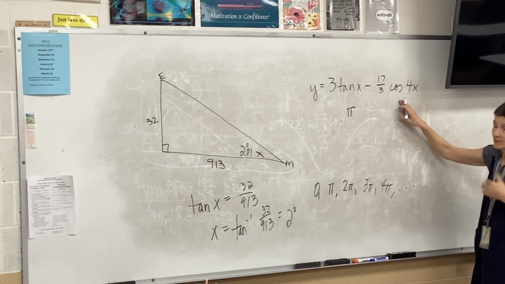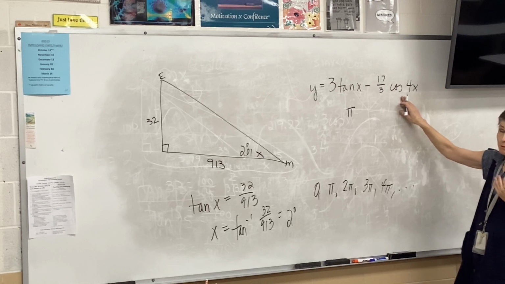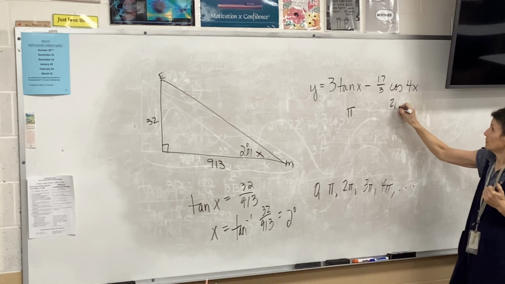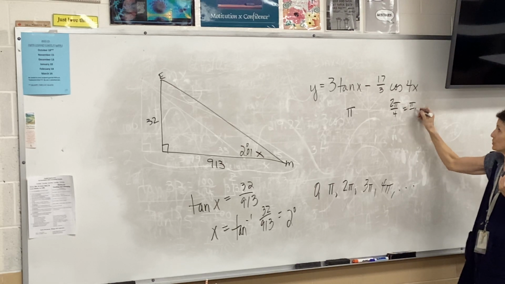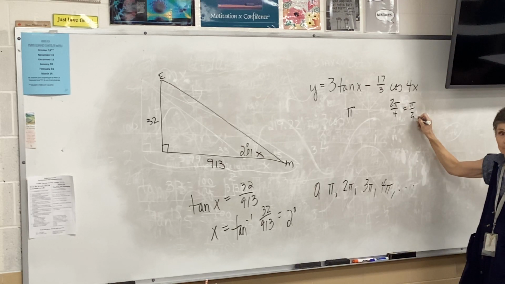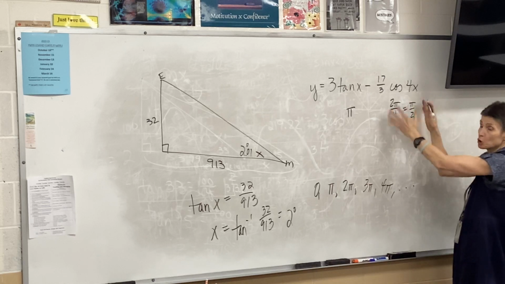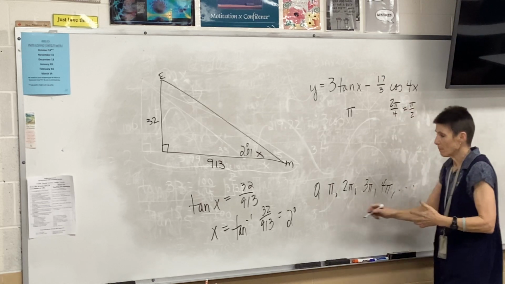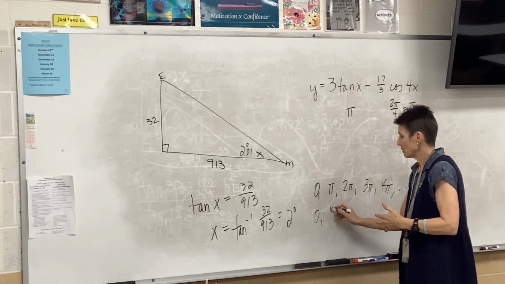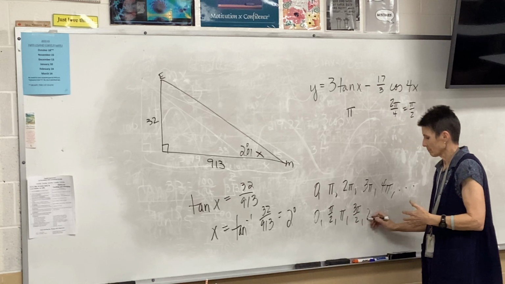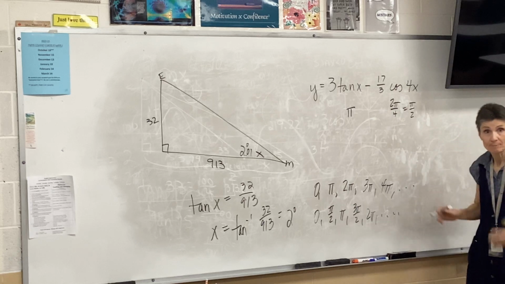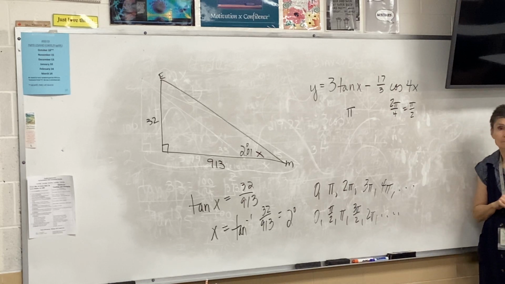Now, what's the period of this one? Well, this is a cosine, so that period will be 2 pi divided by 4, which is pi over 2. That means that this chunk of the picture repeats itself every pi over 2. Every half pi, and so on.